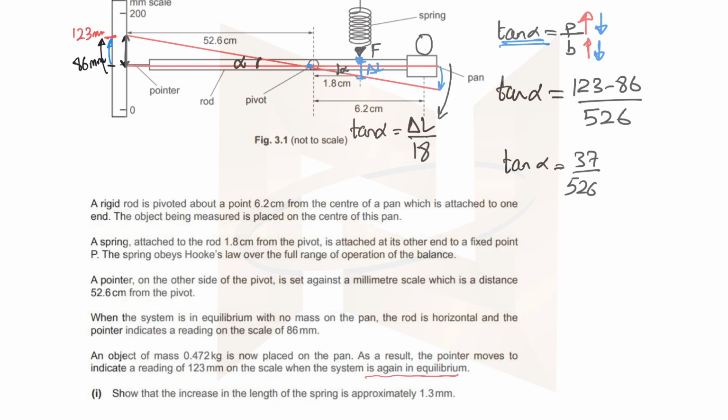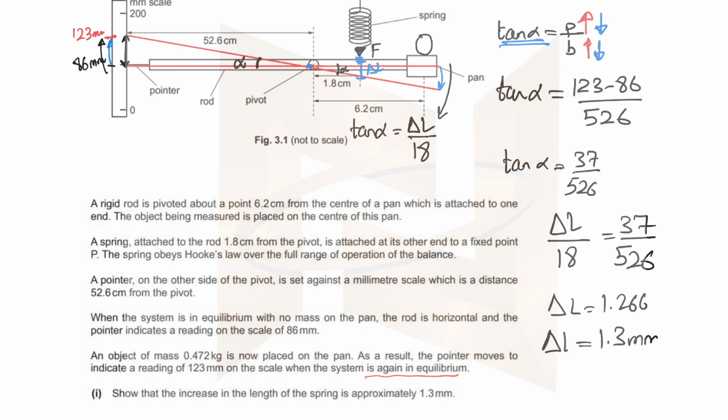So delta L over 18 should be equal to 37 over 526. And when you cross multiply, you should get delta L as 1.266, which is 1.3 mm, and that is the extension in the spring.